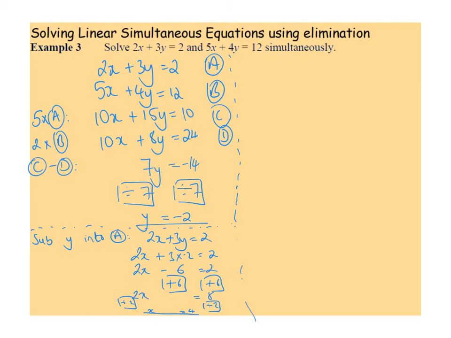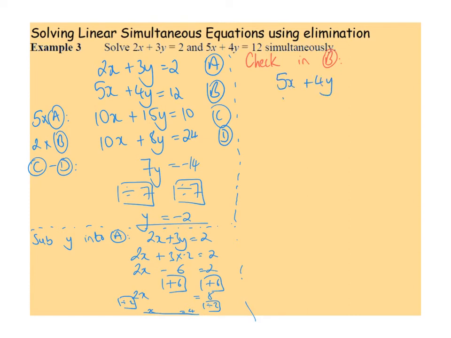Okay, and now that I've got two answers, one for x, one for y, I can check. And I've got to check in B because I substituted into A. So B said evaluate 5x add 4y.